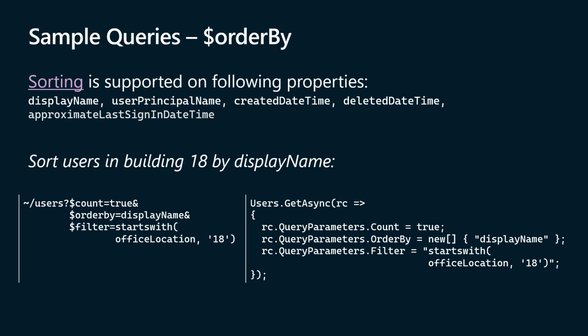The count=true that you see here and the consistency level parameter are required, even if you don't need the count, because Microsoft Graph needs to know that this query has to be redirected to advanced query. And to filter and order, you do it like this, and this will return you the users in built-in 18 sorted. So you see here the count=true is absolutely necessary.